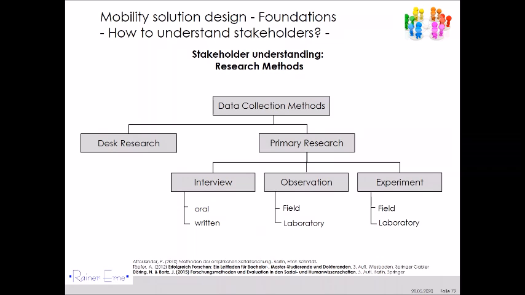Only for those questions where you don't get any answers from desk research, use primary research. And this is a kind of research which costs a lot of effort, and therefore it should be focused on questions where you didn't get any answer by desk research.